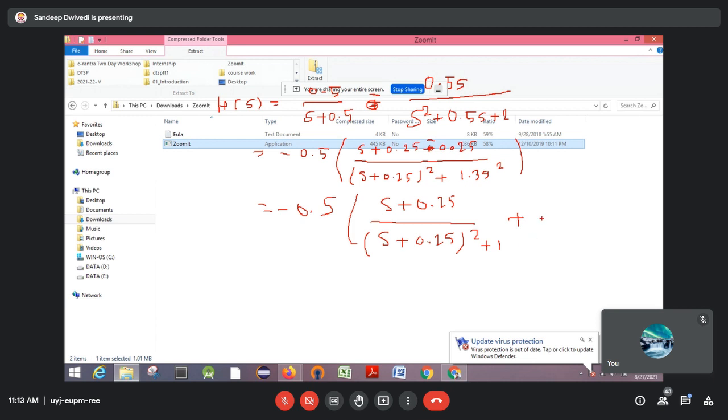Okay, now from this remaining part. From the remaining part what you can do, remaining is 0.5. Okay, and minus 0.5, so 0.5 is multiplied to this entire bracket actually. Okay, so I have taken this part only.